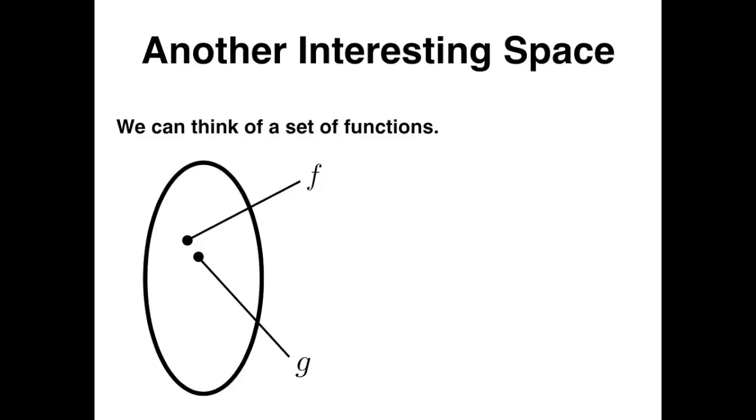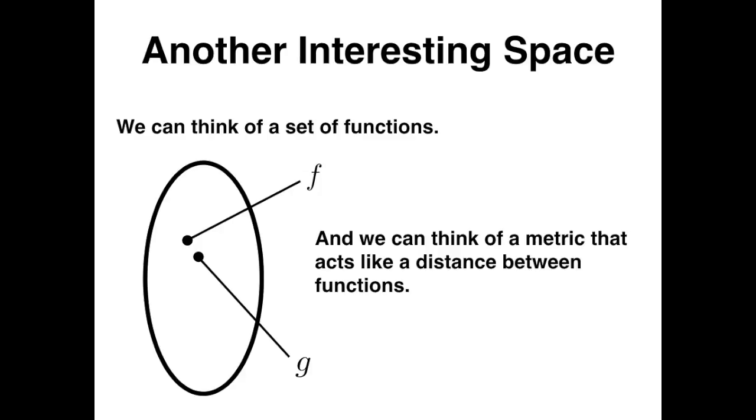Recall, a function is just an ordered triple, where the first element is the domain, the second element is the range, and the third element is the set of matched pairs. And so we can think of a set of these ordered triples. And we can hope to find a metric that acts like a distance between these functions, between these ordered triples.